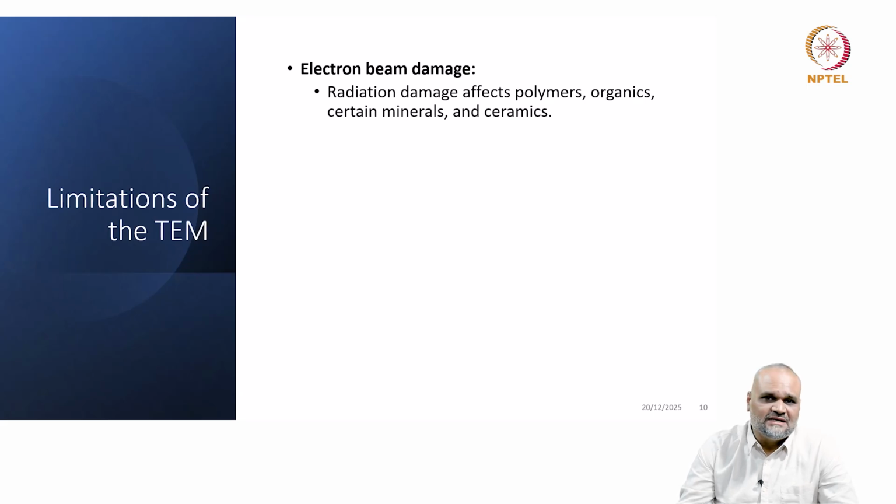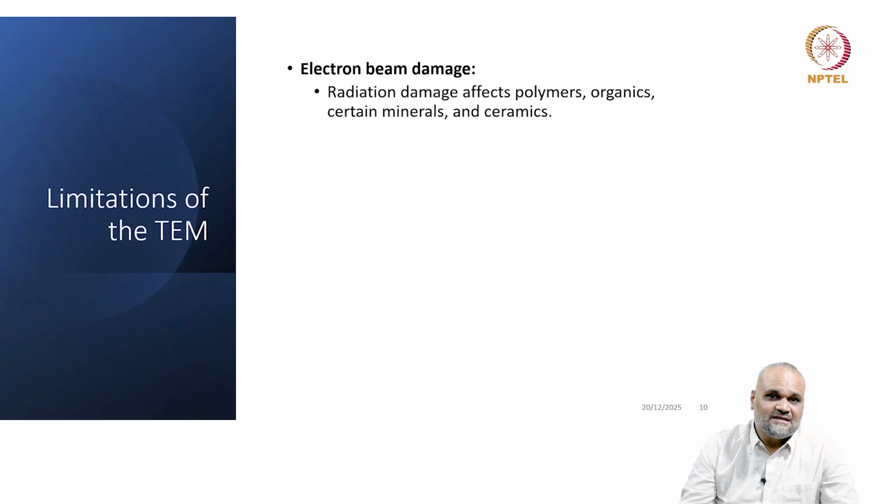There are different kinds of damages which you have. You have something called ionization damage, you have knock-on damage, you have different kinds. But this affects in particular polymers, organic samples, specific minerals, even metals.